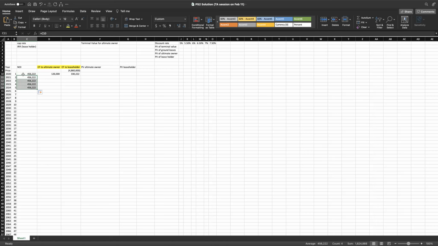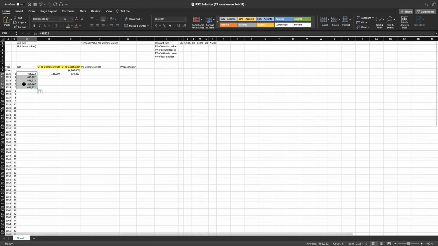For the first 5 years, you get the same amount, 456,000, and starting from year 6, you get 10% growth compared to 5 years ago.